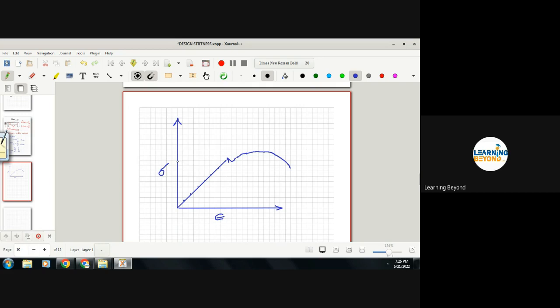Now this point, if I try to plot, what do we call this point on the graph, and what is the stress?